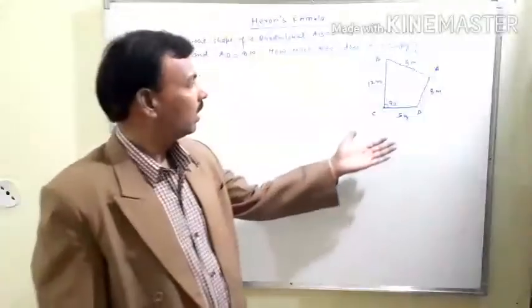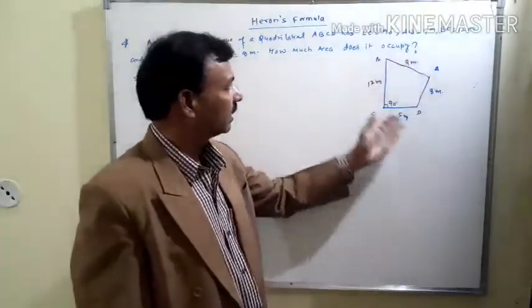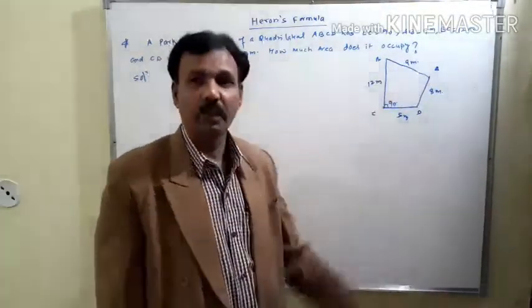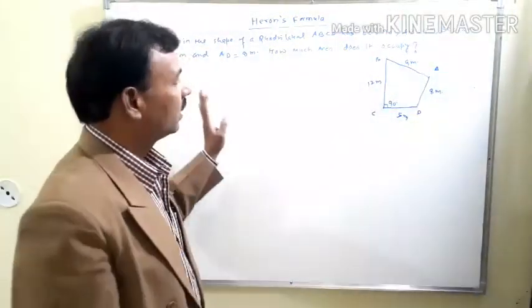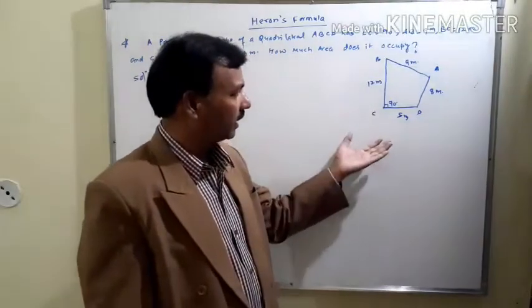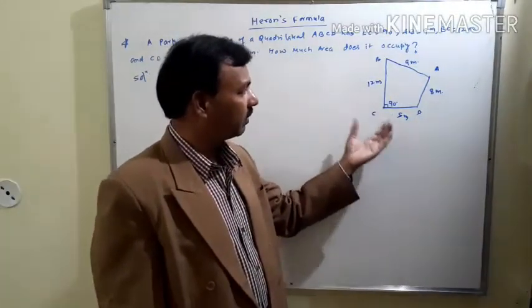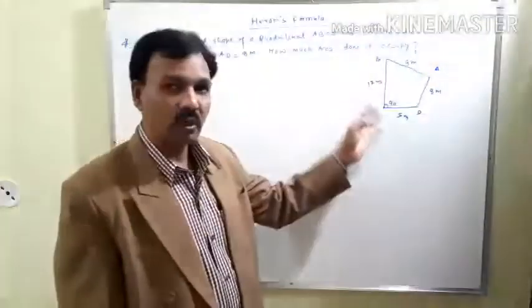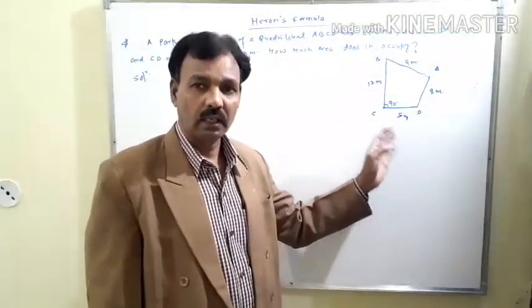Now I want to find the area of this quadrilateral with the help of Heron's formula. There are two conditions by which you can divide this quadrilateral into two triangles.